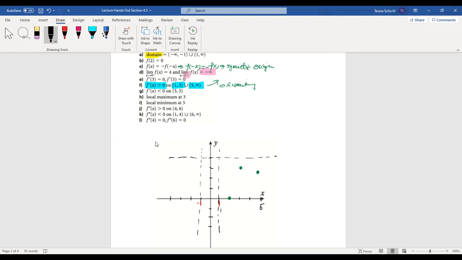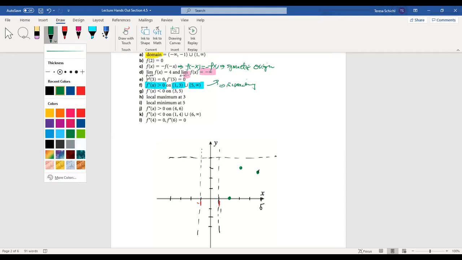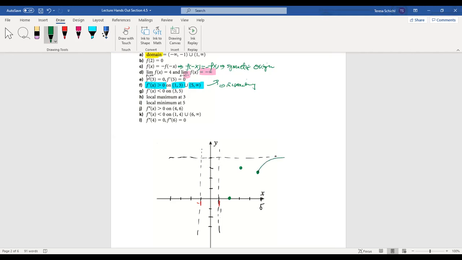So I can sketch it like this. I know this is increasing, and also there is the horizontal asymptote, so my function goes like this. Then f prime of x from 3 to 5 is decreasing, so I have something like this. I know my graph looks like this, but I'm not sure yet how it bends. Here, 1, 2, 3 is increasing.